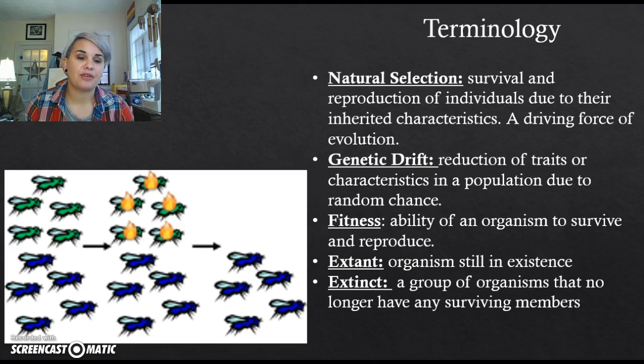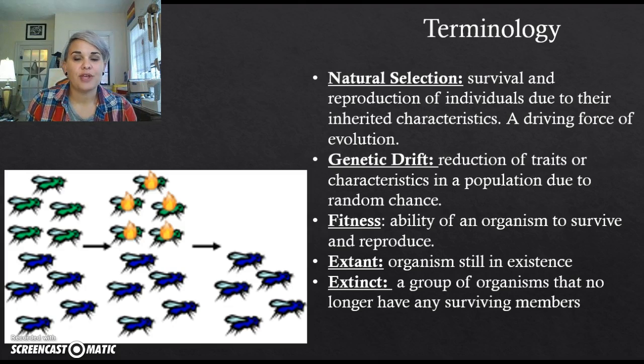For example, in the graphic that I have here, we have a single population that has blue flies and green flies. For some reason, all of the green flies get destroyed in a forest fire. So then it takes those genetics out of the population. And then going forward, you have just blue flies.